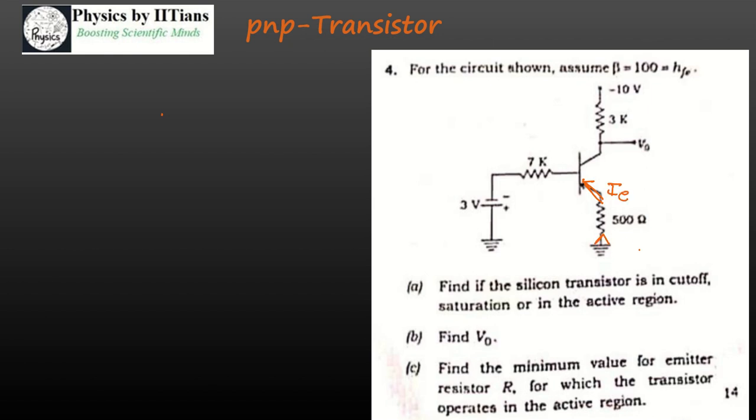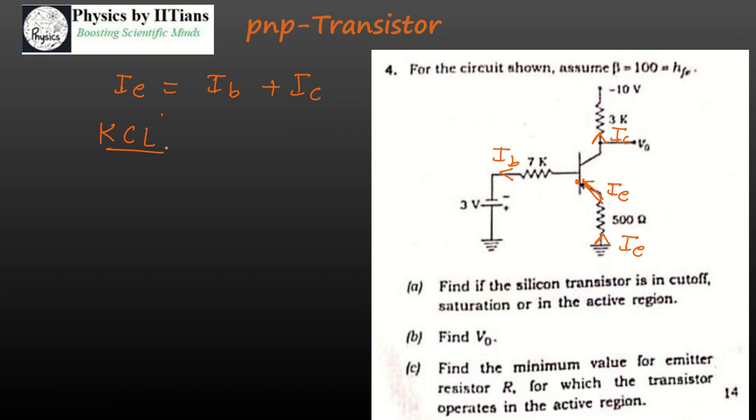That means the current in the emitter is going upward. And as we know, the emitter current is equal to the base current plus the collector current. That means this current, using KCL, Kirchhoff's current law, will be divided between these two currents. That means at this junction the current IE is coming, so the base current will be going like this, and similarly the collector current will also be going upward.